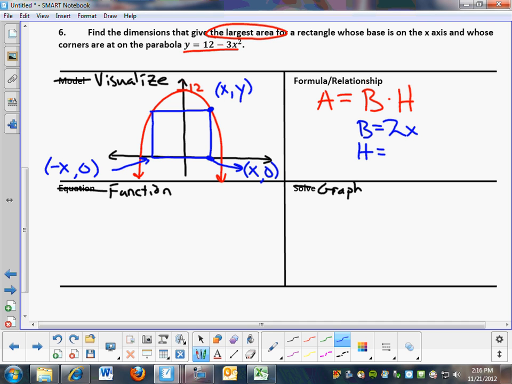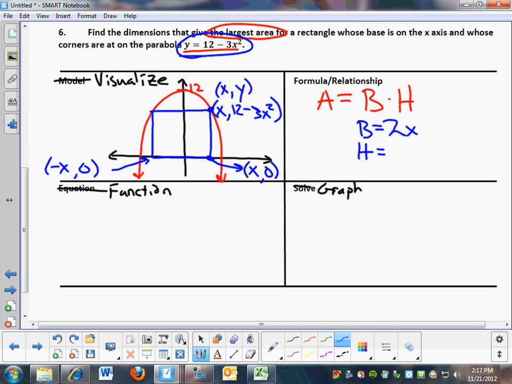If I have an x value, how do you get the y value? Plug it in. Plug it into this, right? See, it says y is equal to 12 minus 3x squared. So if you want to know the height, you're going to plug in x into 12 minus 3x squared. So really, this coordinate is x, 12 minus 3x squared.